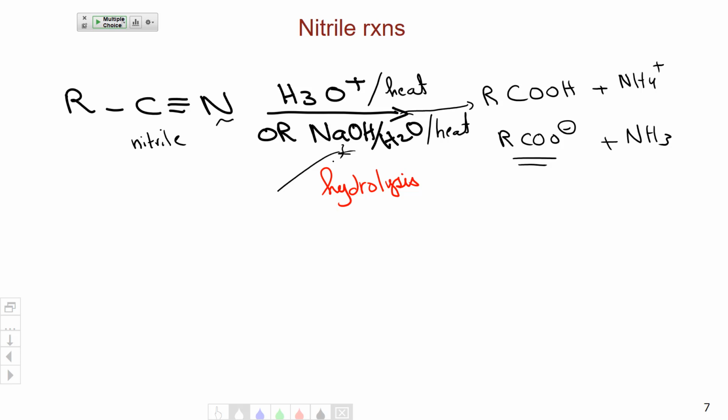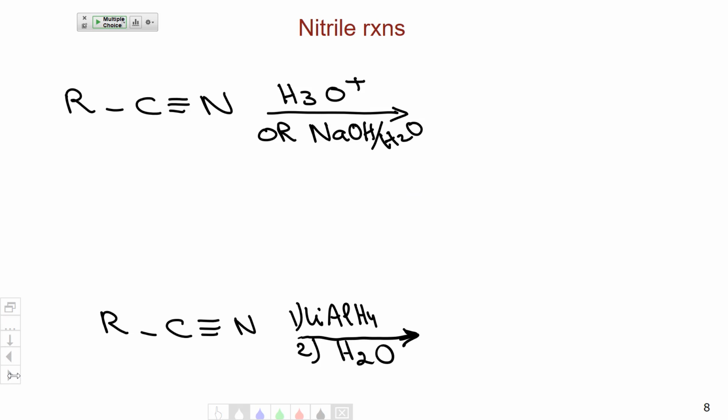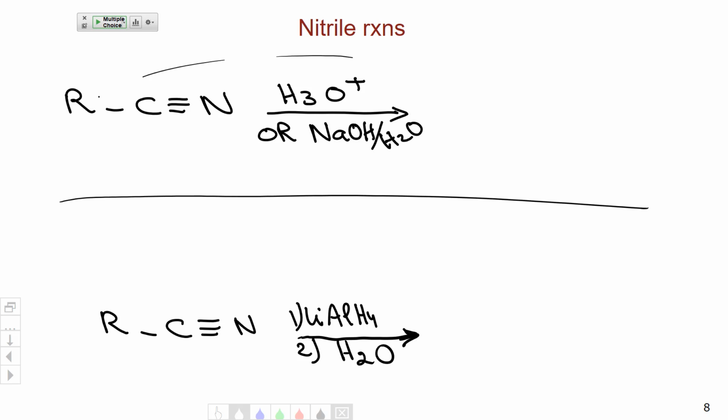Another reaction for nitriles that we've seen before is the reduction of nitrile. From the slide before, it's exactly the same. If I have a nitrile, I add the strong reducing agent that reduces ketones, aldehydes, esters, carboxylic acids, and nitriles.